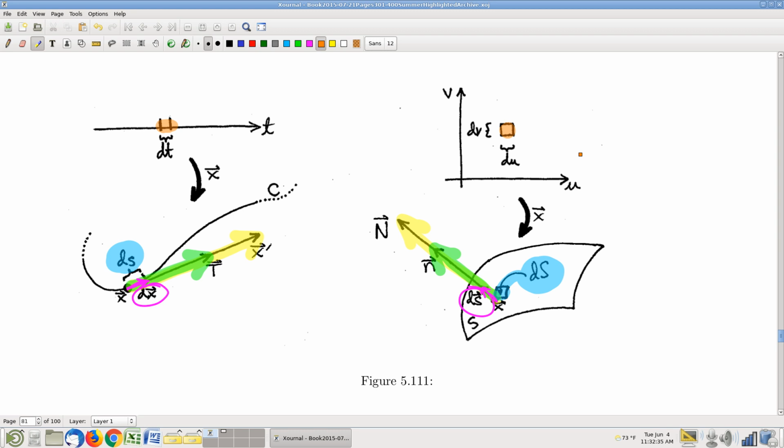It's capital N du dv for surfaces. But the pattern is pretty strong. Okay? So we've already talked about the analogies between the dx vector and the ds vector. Both of them are computed from derivatives times pullback differentials.